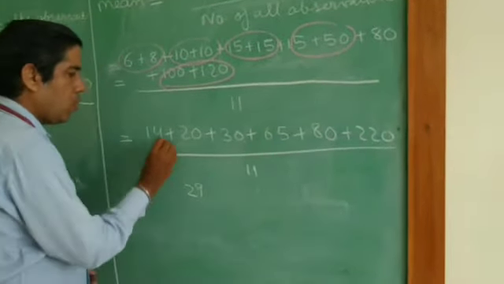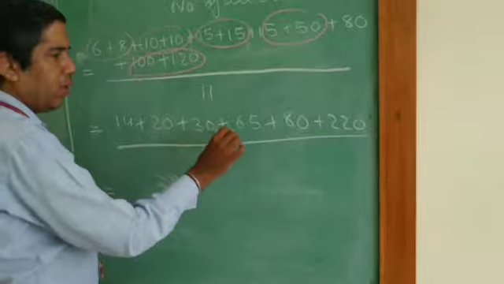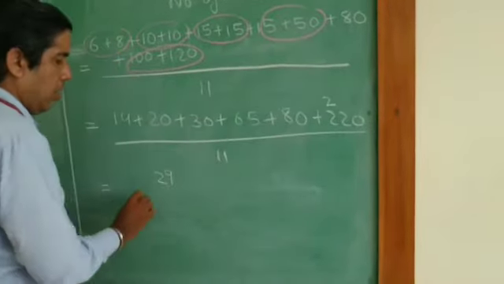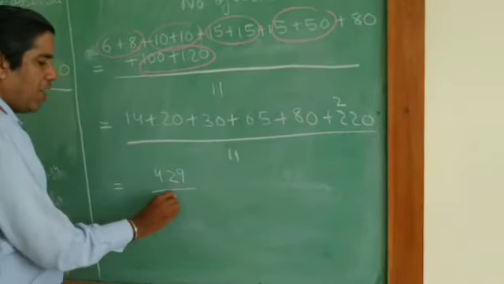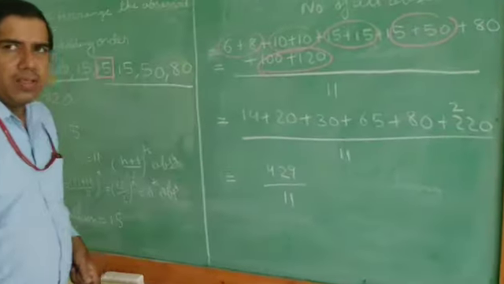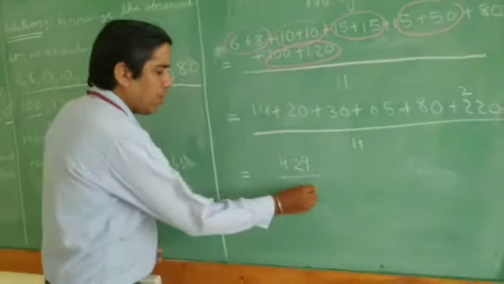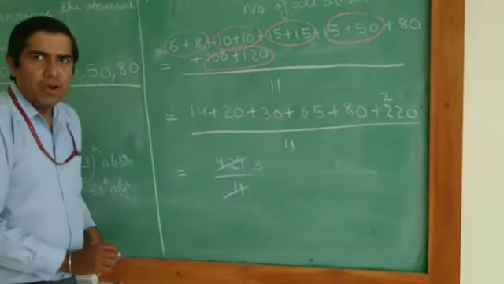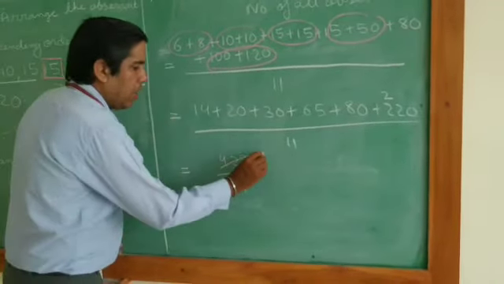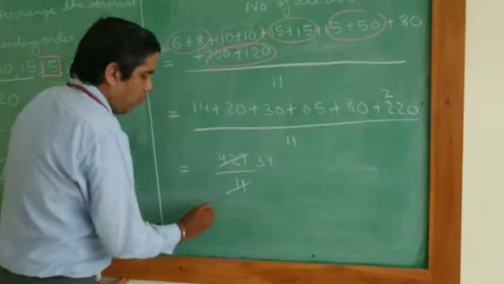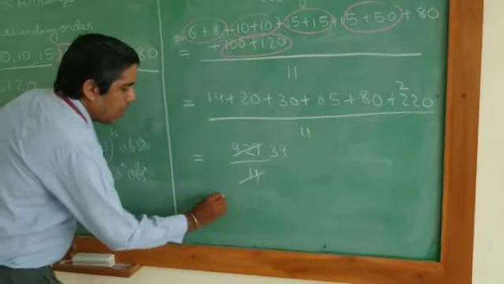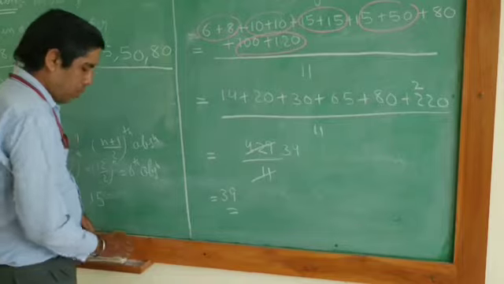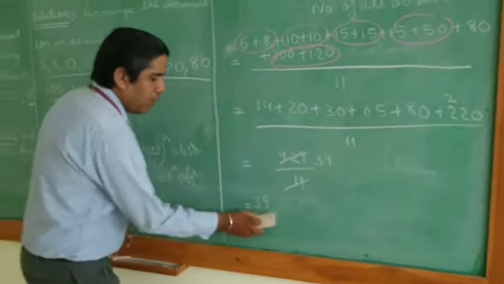So I will keep this 2 in the hundreds place. It becomes 429 upon 11. I will do the cancellation. 11 times 3 is 33, and what is remaining? 9. So 11 times 9 is 99. So 39 is our answer.